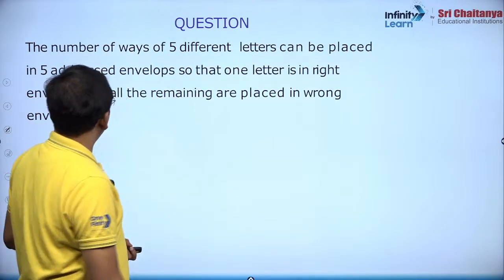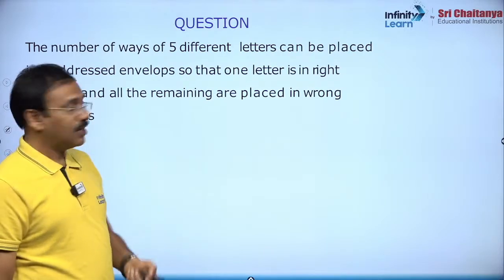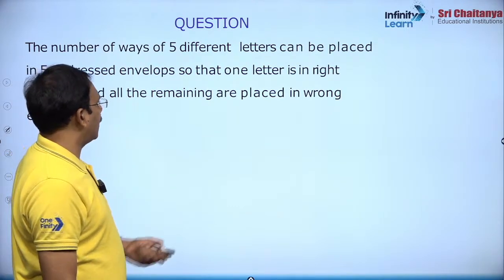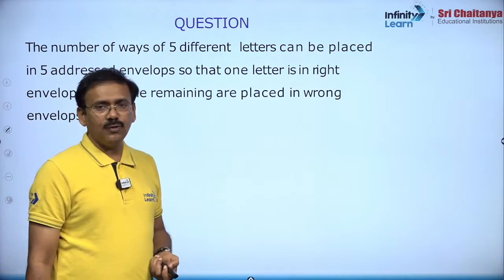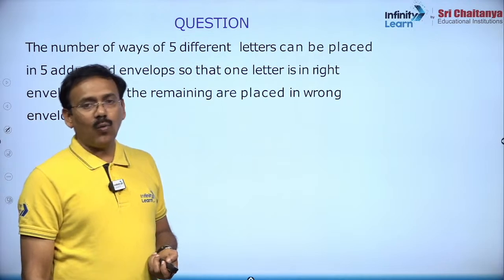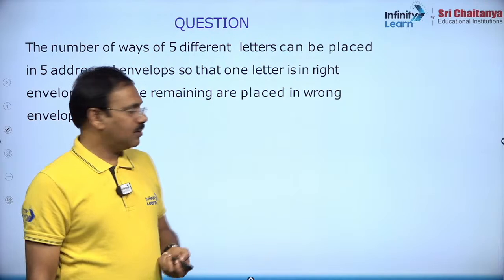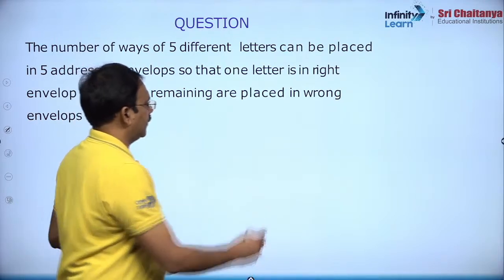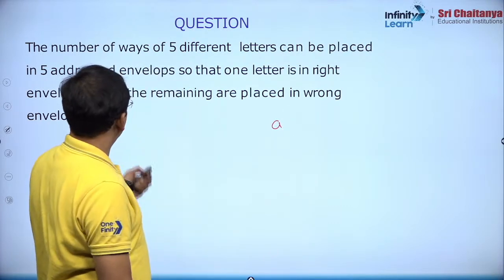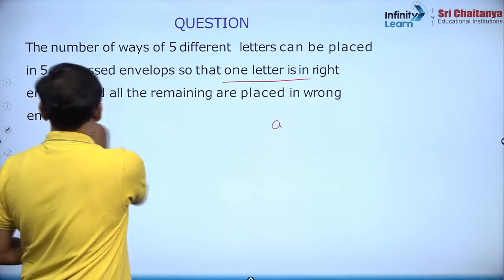Right? You see, the number of ways 5 different letters can be placed in 5 addressed envelopes so that one letter is in the right envelope and all the remaining are placed in wrong envelopes. So one letter is in the right envelope. When all went wrong, one correct, is it possible? You can say A, B, C, D, E. That means you have to put exactly one letter in the right envelope.